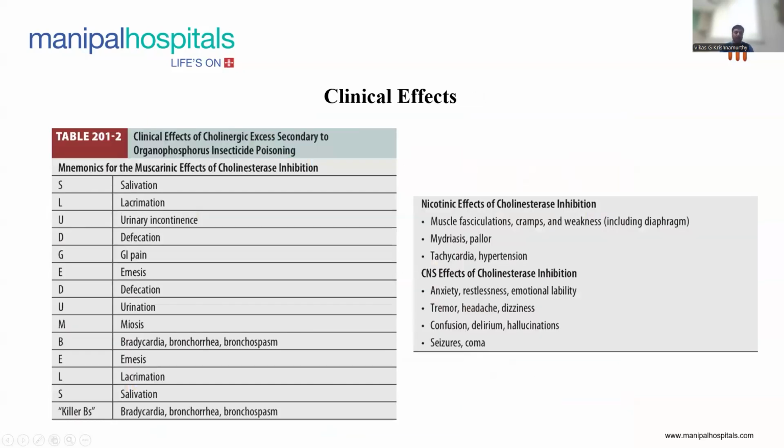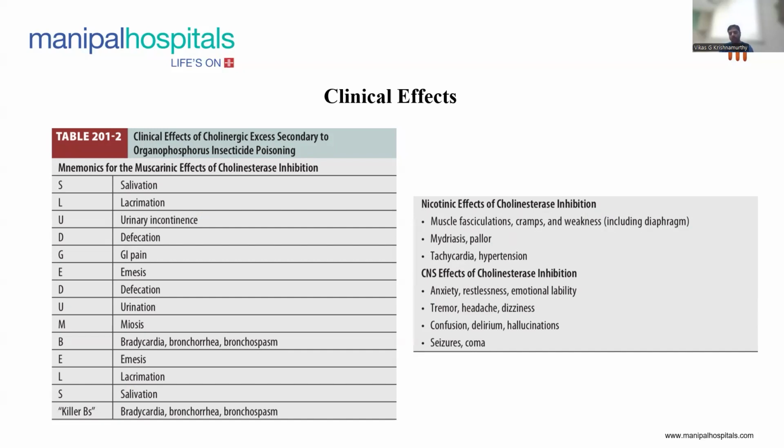Coming to the clinical effects, it is again because of the cholinergic excess in the form of muscarinic, nicotinic, and CNS effects. The muscarinic effects of cholinesterase inhibition can be remembered by the mnemonic SLUDGE and the killer Bs: salivation, lacrimation, urinary incontinence, defecation, GI pain, emesis, miosis, and the more severe effects, which are bradycardia, bronchorrhea, and bronchospasm, called the killer Bs.